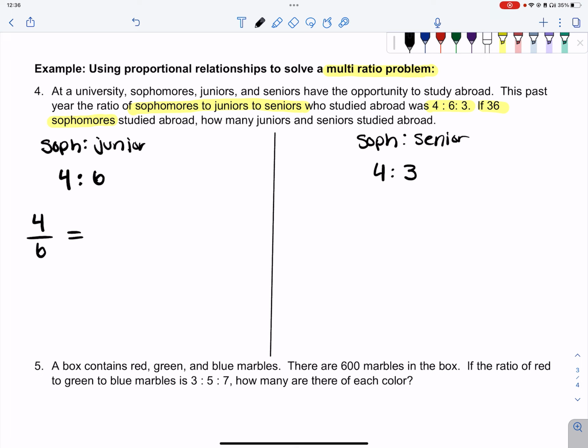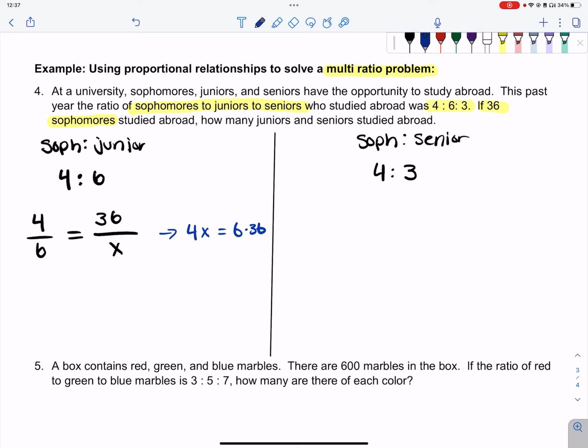My 4 was representing sophomores, so I'm going to put the 36 that we know studied abroad on top, and then divide that by our unknown amount of juniors that I'm going to call x. So now we can take this proportion and solve for x. I'm going to do the cross multiply method. So this is going to give us that 4 times x is equal to 6 times 36.